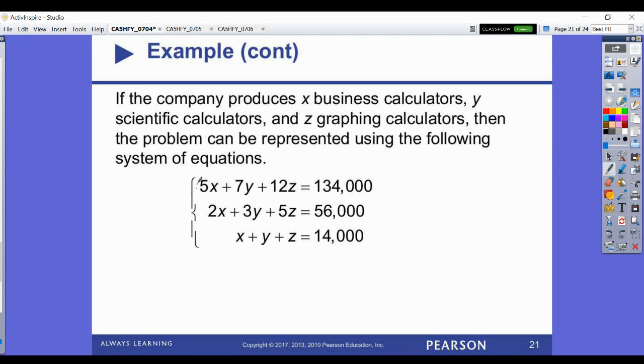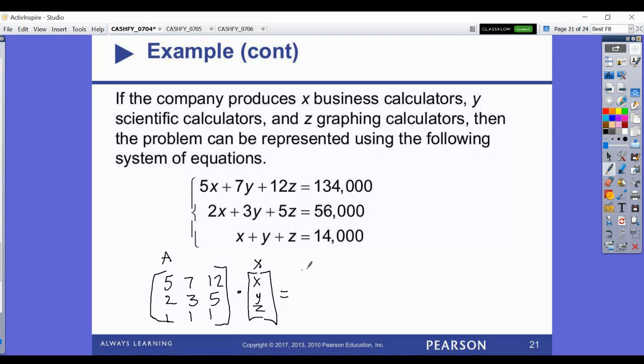So let's solve this equation. What I would do in my calculator is in matrix A, I would put 5, 7, 12, 2, 3, 5, 1, 1, 1. That is matrix A. I'm not going to put this in my calculator, but matrix X is X, Y, Z. And I'm going to use matrix B this time because it's the next one down in my calculator: 134,000, 56,000, and 14,000.